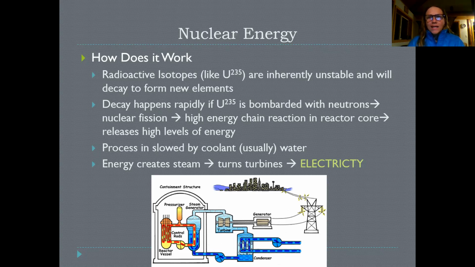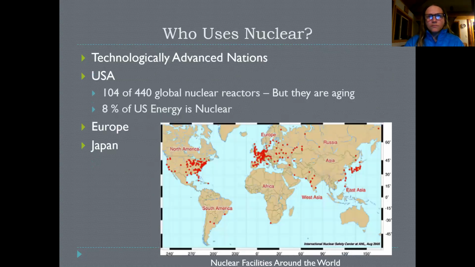So that is the end game for nuclear energy. Of course, we have used this technology to release enormous amounts of energy all at the same time, like in bombs, which has been pretty devastating. But primarily, the use for nuclear energy is for electricity production. So just like coal, that's its main use.